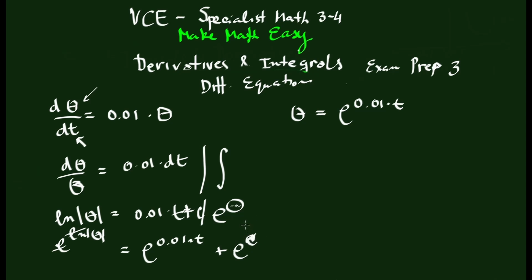So what you can do there, you know that a to the power of b times a to the power of c equals a to the power of b plus c.